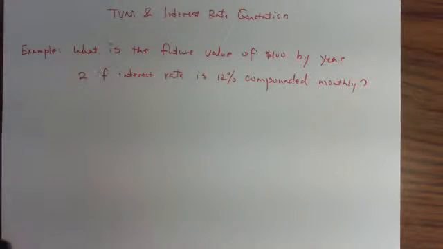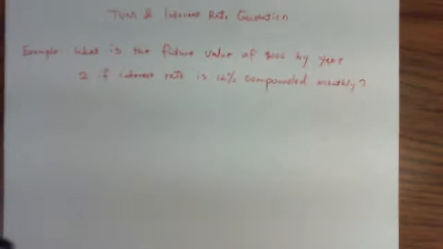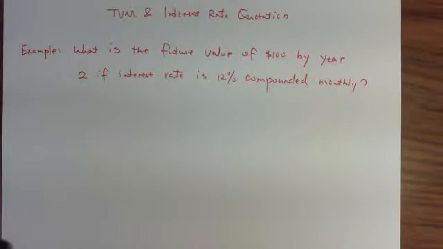Now, first, you need to realize the interest 12% is APR because that is required by law. All the rates required to be reported must use the APR annual percentage rate format.